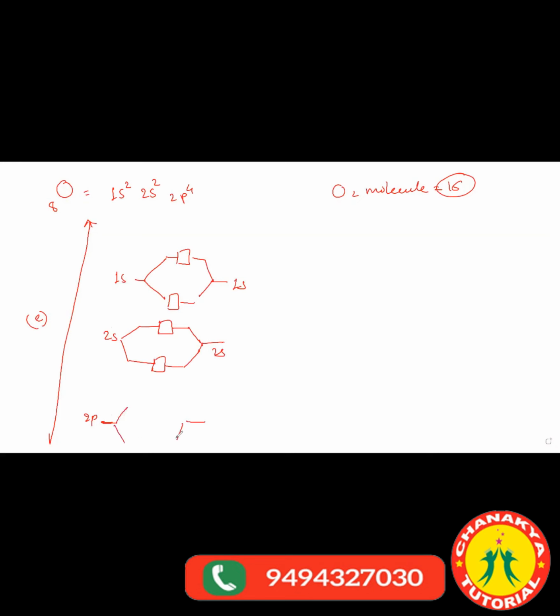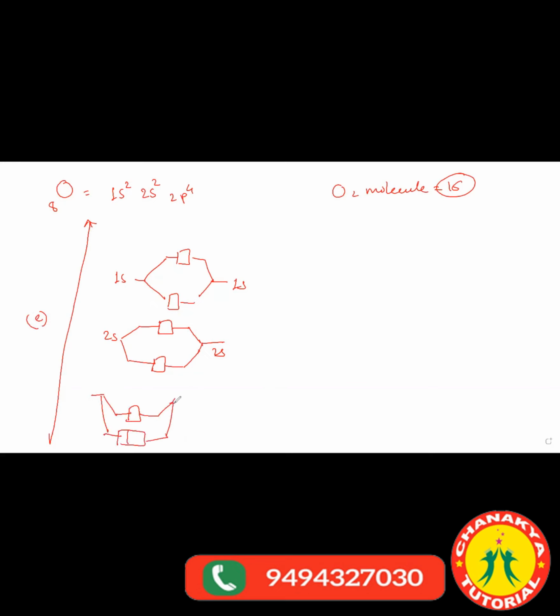But then the basic difference is what? The sequence would follow. First of all, it will go to the sigma 2pz. And then for 2p, here it will form the 2pz first, and then the 2 orbitals which have the same energy.